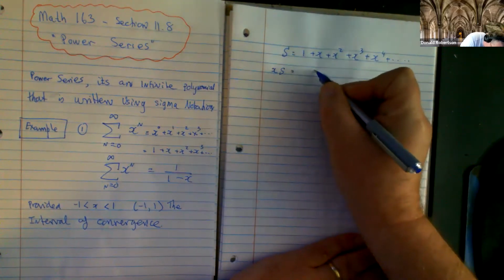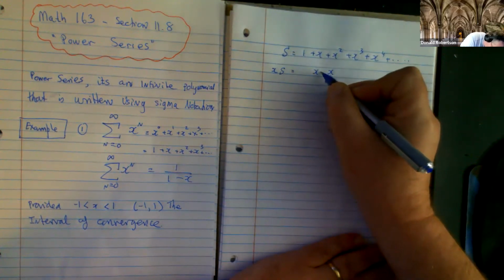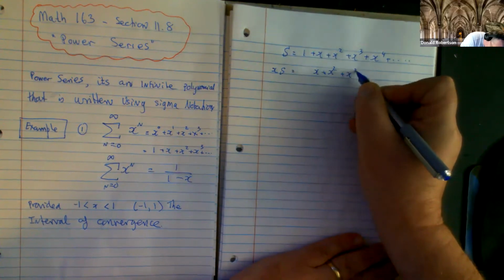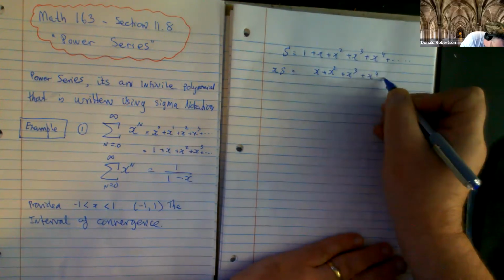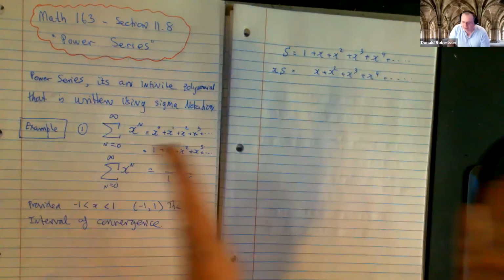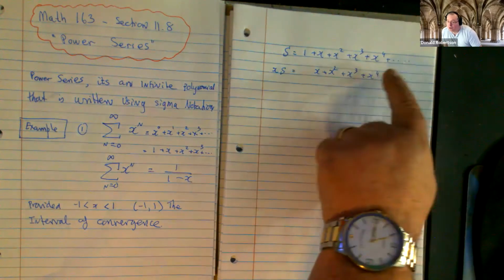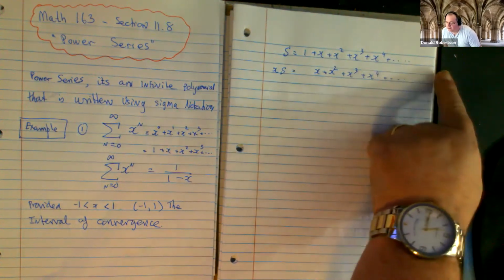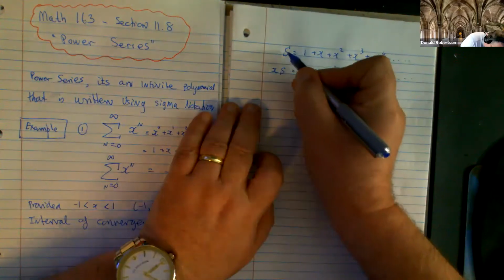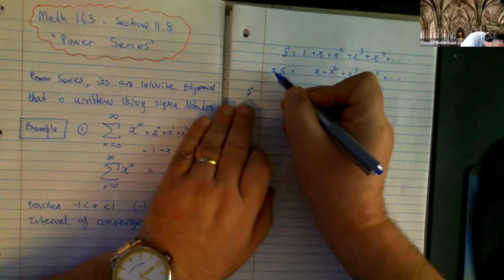So 1 times x gets me that, x squared gets me that, x cubed gets me that, x to the 4. And you know how I've written them slightly off-centered so that the x's and x squareds are all above each other? Do you recognize this? And don't both of them go on forever, right? Continuous. Now I'm going to take this guy and subtract this guy.